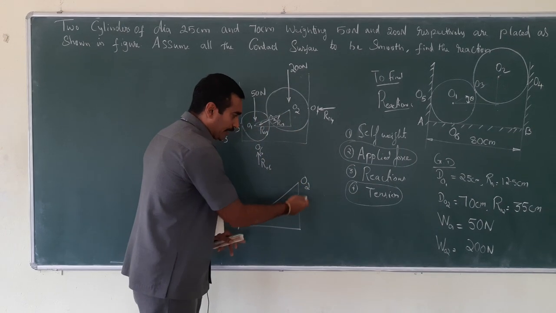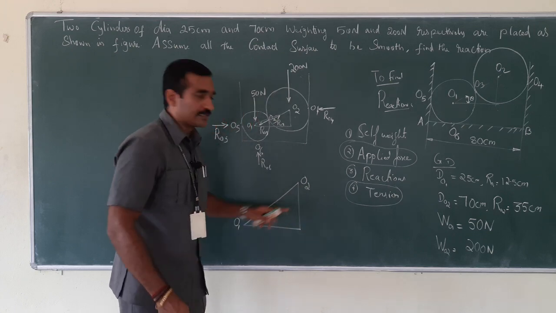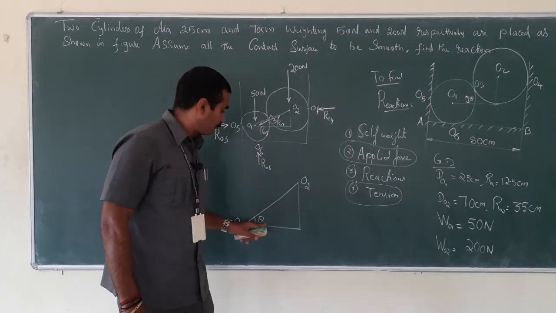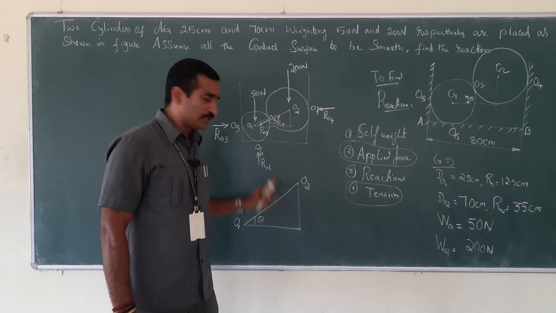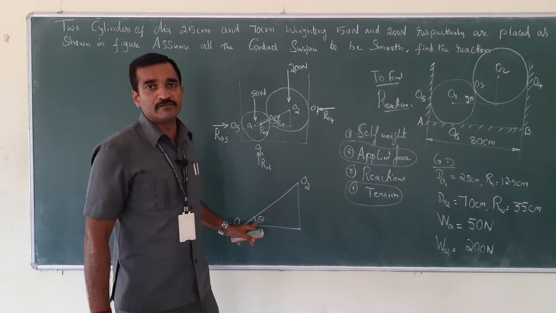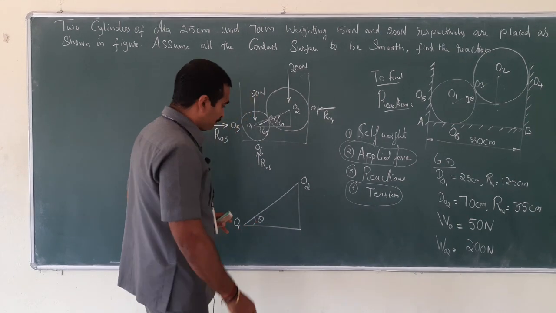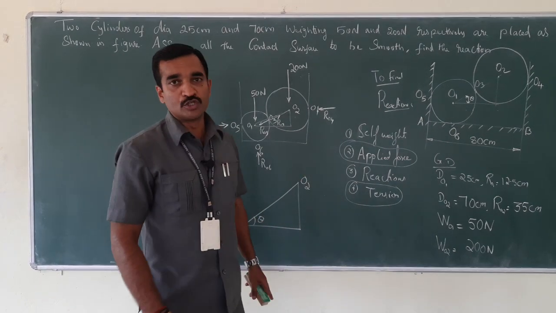I need to know either this side and this side, or this side and this side. If I get two data, I would be in a position to find the value of theta, the inclination, right? For which, let me just tell you what would be the distance between O1 and O2.